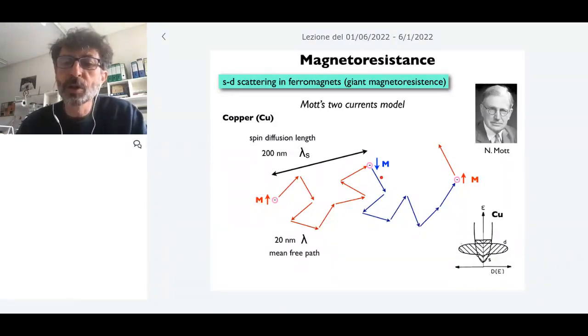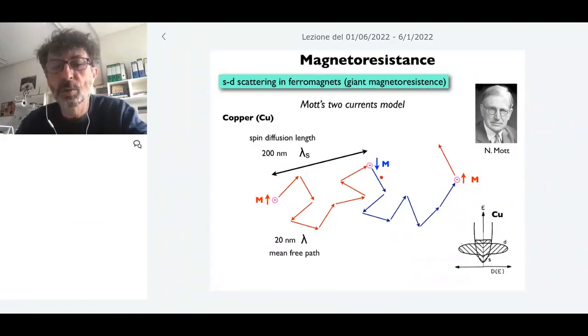The spin diffusion length, the numbers that I put there, came from some kind of evaluation of copper and these materials. The spin diffusion length is evaluated around 200 nanometers, a lot, while the mean free path for copper could be around 20 nanometers. So you cannot have an electron traveling coherently more than 20, but the same electron can travel for 200 nanometers before reversing the spin.